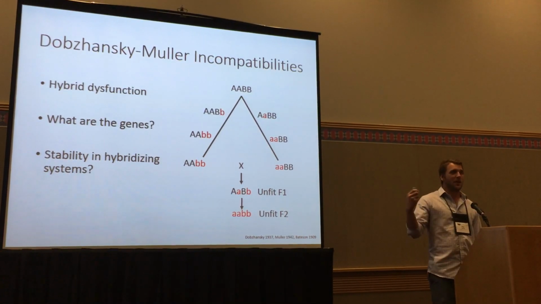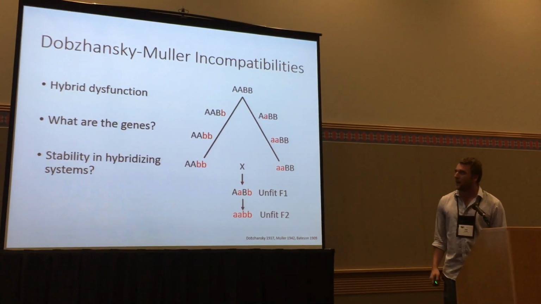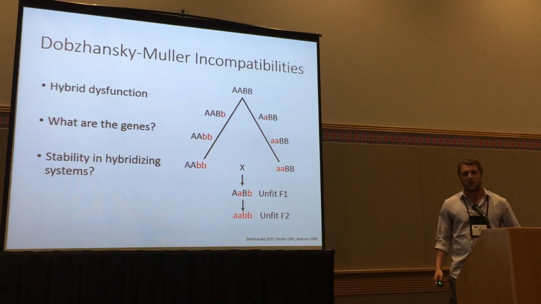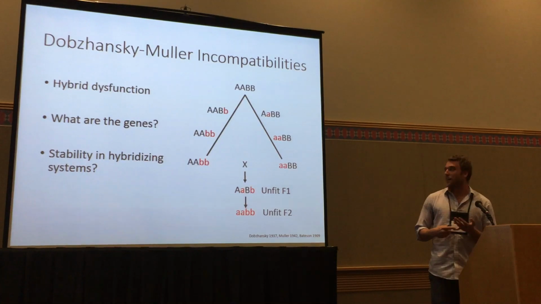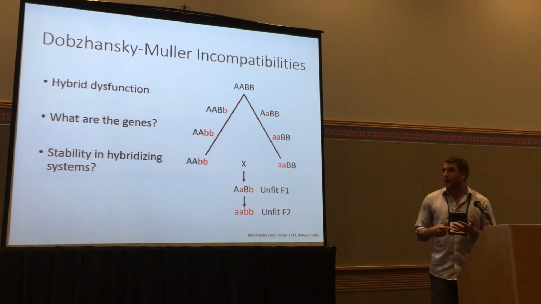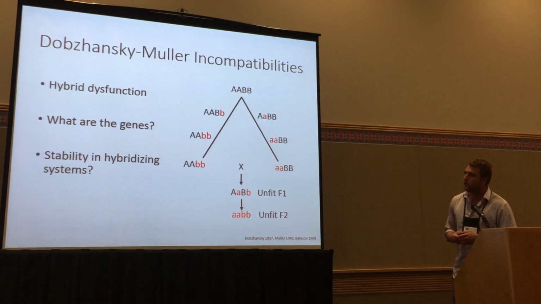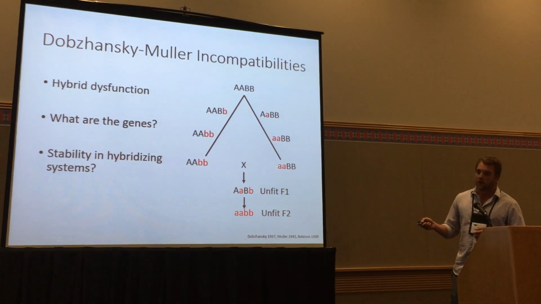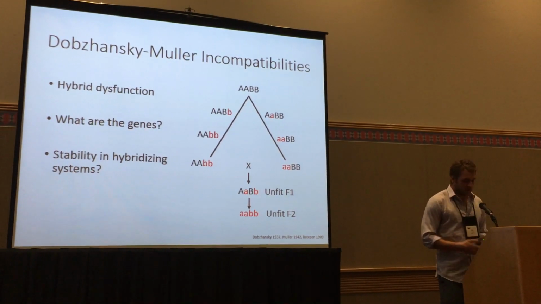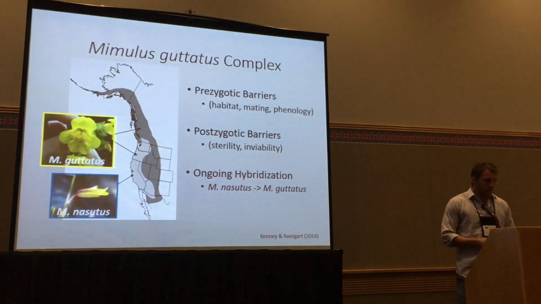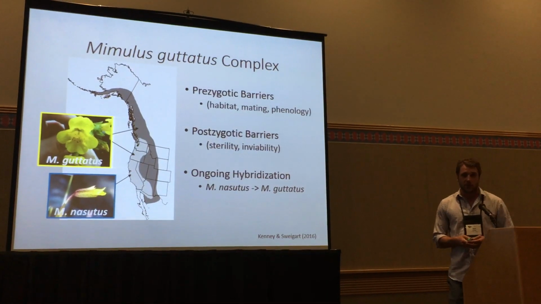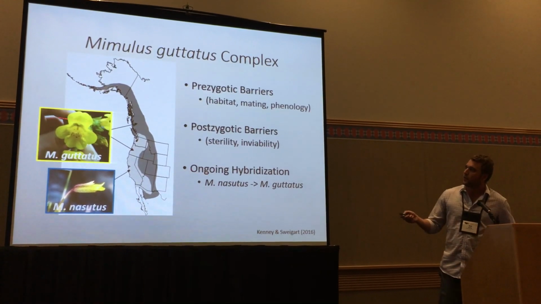There are some big questions regarding Dobzhansky-Muller incompatibilities: what are the types of genes that underlie incompatibilities, what are the genetic mechanisms that lead to their evolution, and how in the world are they stabilized when species hybridize? I've been studying these in the Mimulus guttatus complex, in two species.